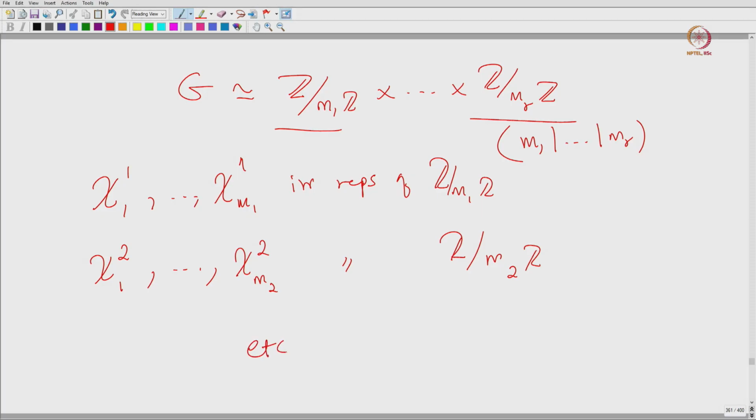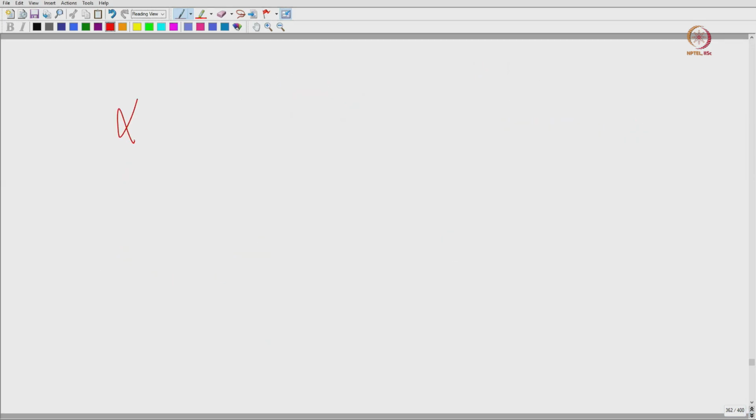If we fix these notations, then it is clear what the irreducible representations of G should be. We can define alpha i1 through ir on G1 cross and so on cross Gr, given by chi i1 1 of g1 times and so on times chi ir r of gr.